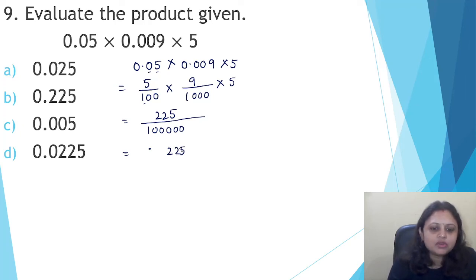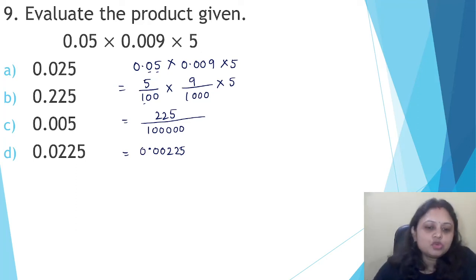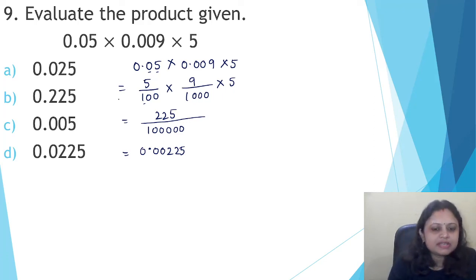We have written 225, 3 digits are there, and before those 3 digits we put 2 zeros. So the answer will be 0.00225. Correct? Is it present in the options? No.